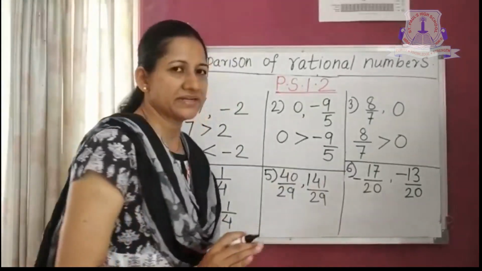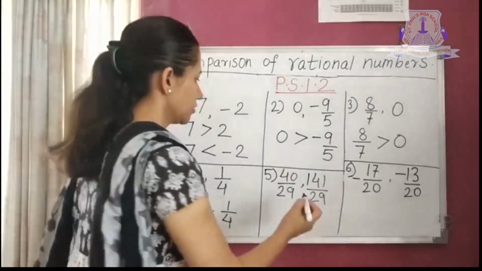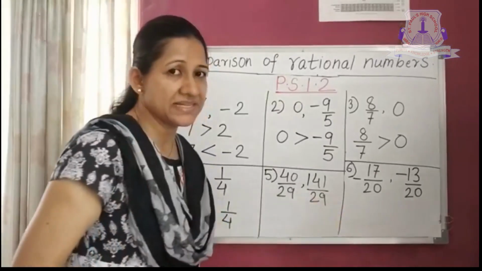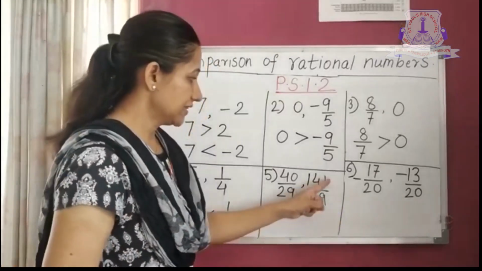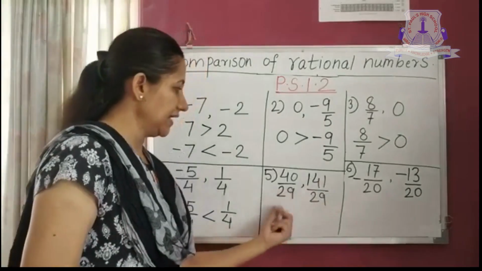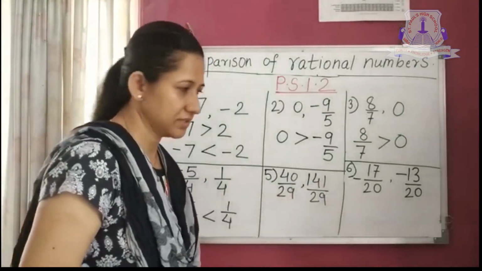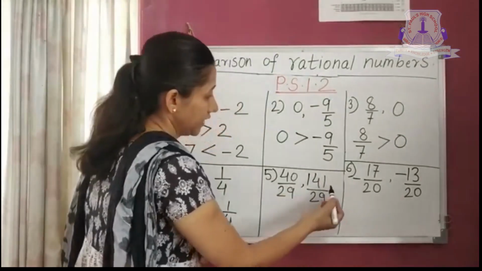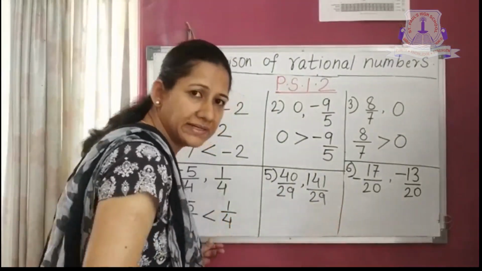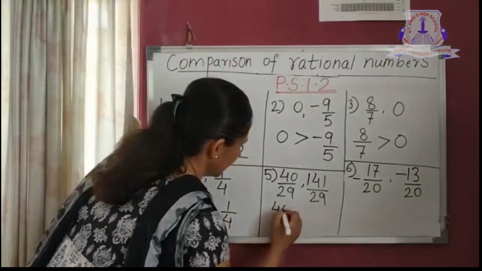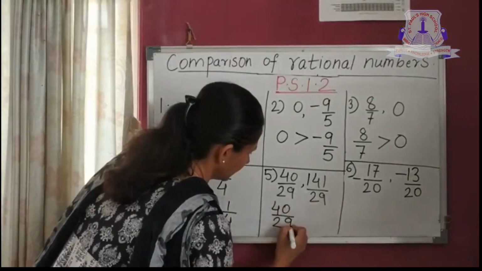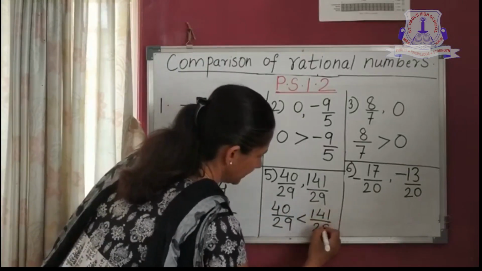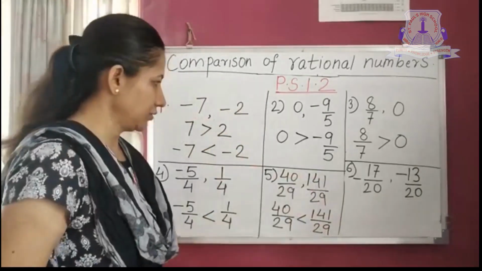Here denominators are already equal, and the right hand side numerator 141 is greater. So 40 upon 29 will be less than 141 upon 29. I hope that is clear to you.